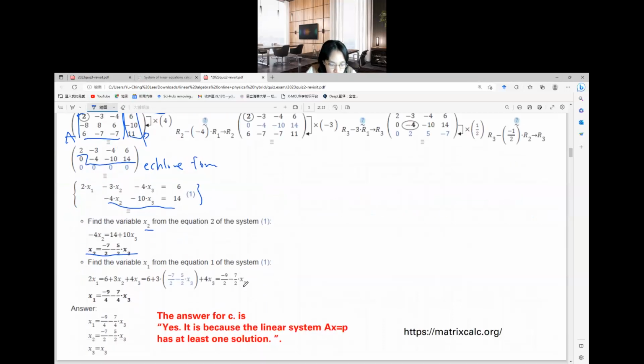And x1 equals, again, x3 times some number plus some constant. Eventually, we find that this is a consistent system with multiple solutions. So the answer for C is yes. To answer the second half of the question, we should say that P is in the column space of A because the linear system AX equals P has at least one solution.